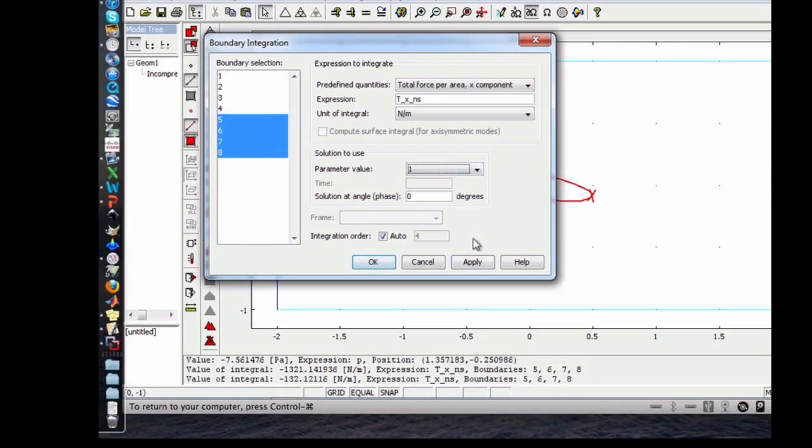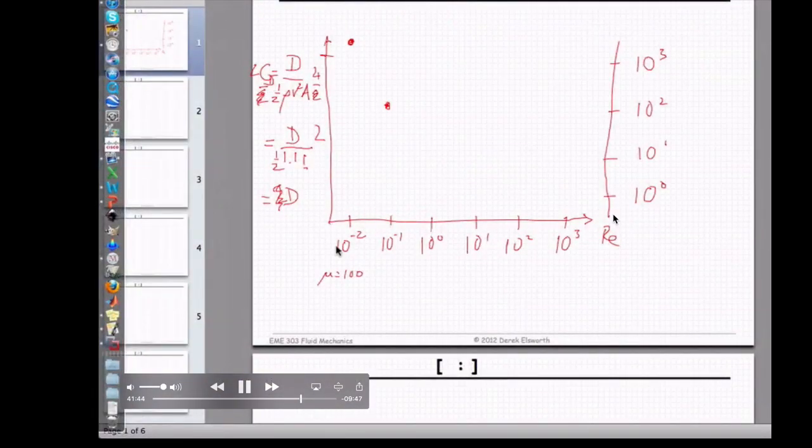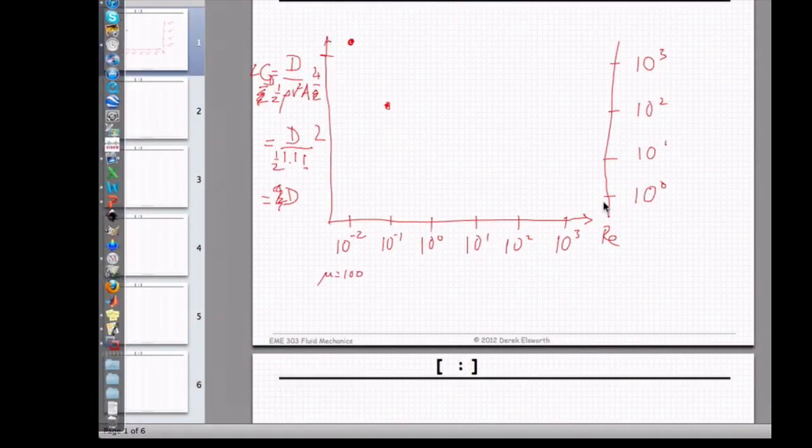So this is a Reynolds number of 1, I think, and it's equal to 13.2. That's kind of interesting. So we see that in this zone, this is 10 to the 1, the 10, so it's about here. These are actually joined by a straight line. And this is our drag total, or actually CD total as well.